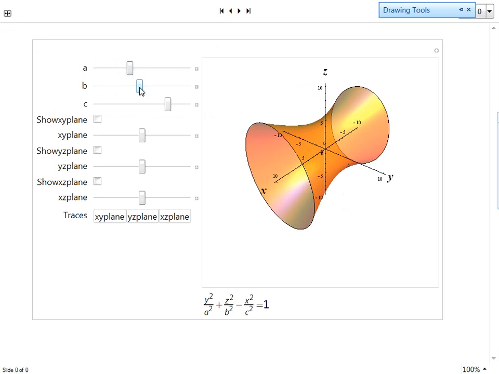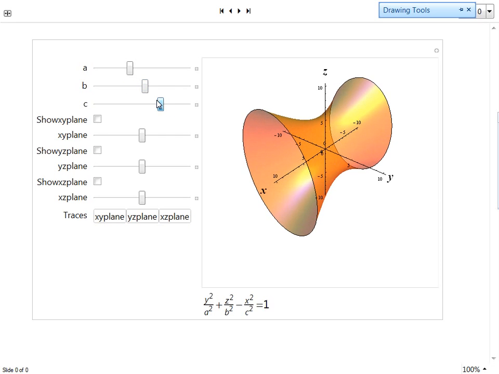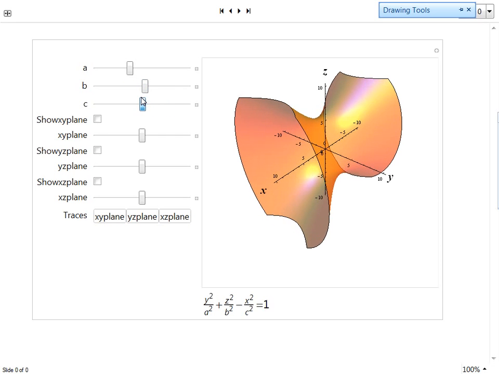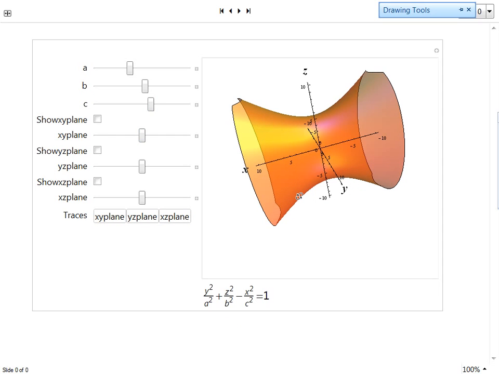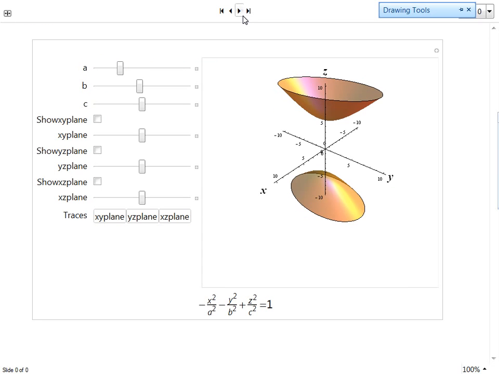If you take the center of that and start to make it more and more narrow, at some point you can get it to come to a point, and then they separate and become 2 different surfaces, and that's pretty much what you have here. Hyperboloid of 2 sheets.